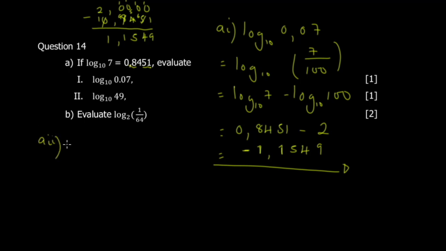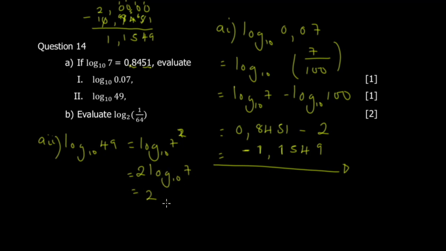In the second part, we have log base 10 of 49. Notice the association that 49 has with 7 is that 49 equals 7 squared. According to one law of logarithms, whenever we have a power inside a logarithm, we can bring it to the front, and then we're left with this.